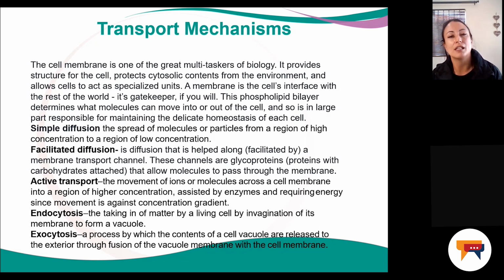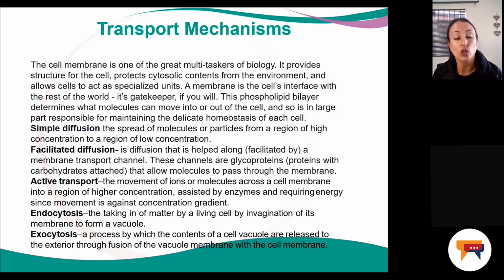So as much as substances move automatically from high concentration to low concentration, these little glycoproteins in the cellular membrane control this movement. So even if something is at a high concentration, moving into or out of the cell to get to a low concentration, if this glycoprotein is not allowing it, it won't go through the cellular membrane.